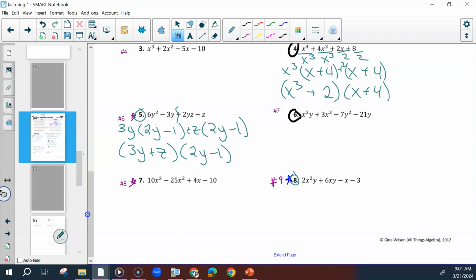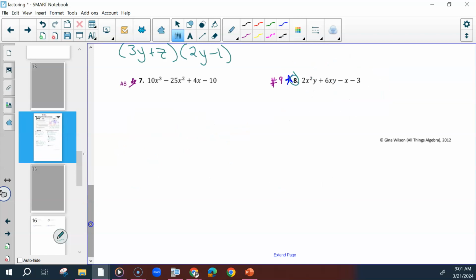Okay, number 8. Split that down the middle. What could we divide out of the first two? 2xy. What would be left? x plus 3. And then what could we divide out of the last two? Negative 1. If nothing else, you could always divide out a 1 or a negative 1.